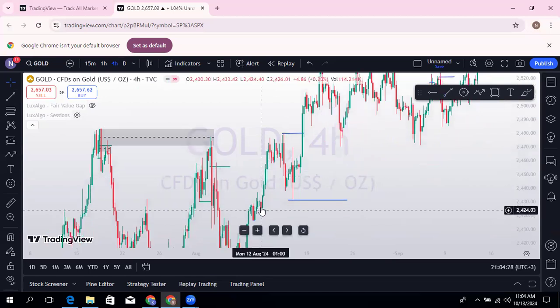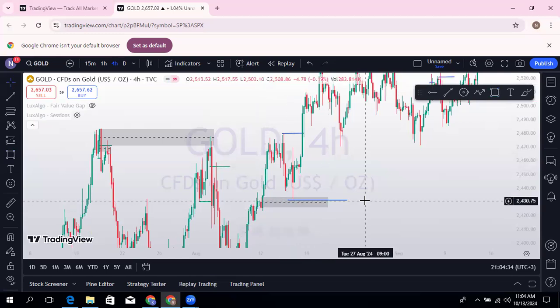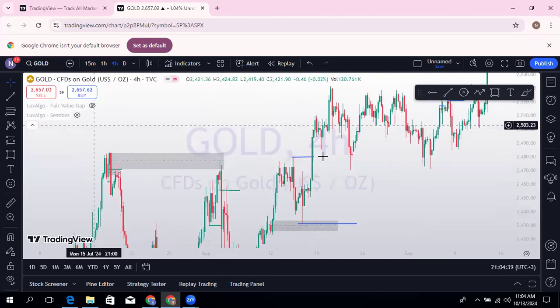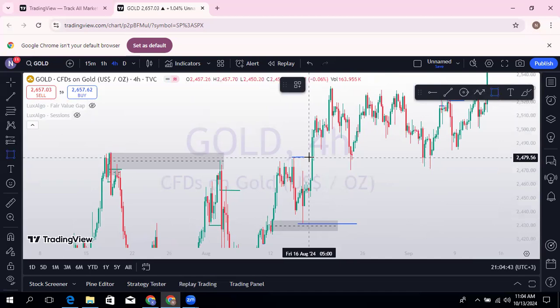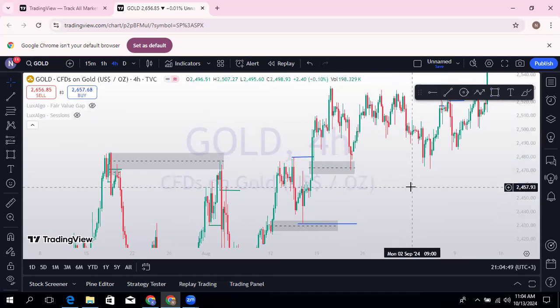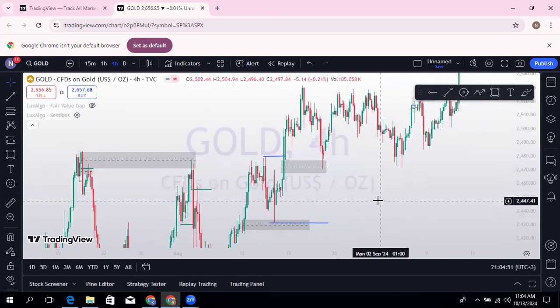Remember, at this point, we have this order block as well. So this is another added advantage, showing it's a key point. At this point, we have the fair value gap showing us that it is now very, very important. So we are using two things to confirm this entry.